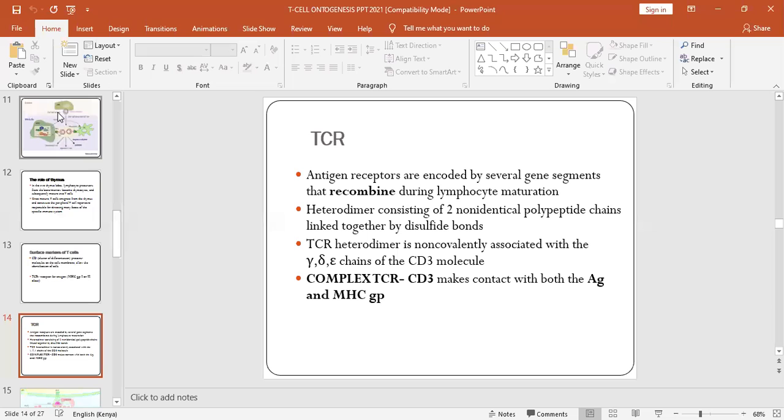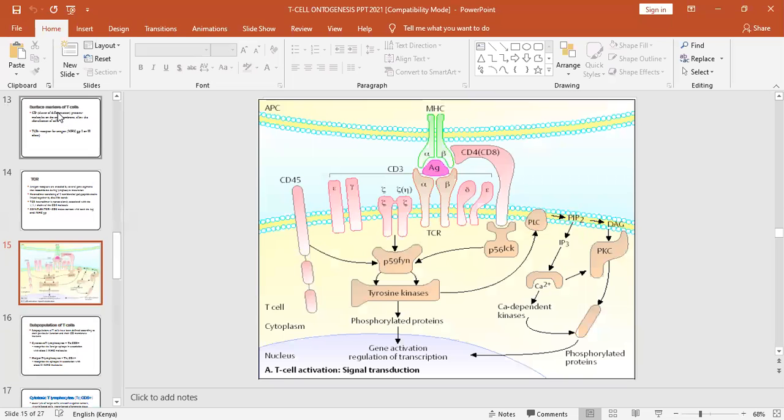Okay. If you see that diagram, it defines what we are talking about: whenever you have an antigen presented with an MHC from an antigen presenting cell, depending on what type of class this MHC is, it can either interact with a CD4 if it's an MHC class 2, or a CD8 if it is an MHC class 1.